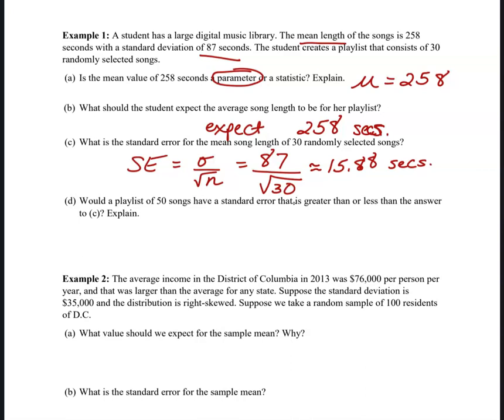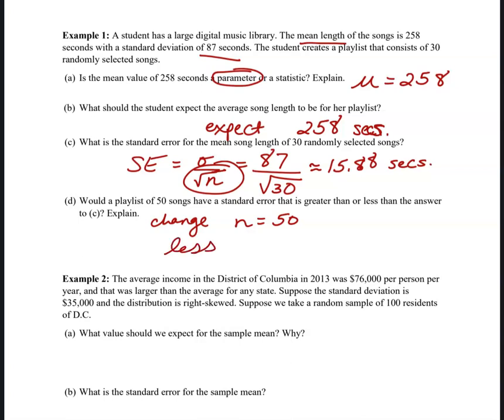Now, would a playlist of 50 songs have a standard error that is greater than or less than your answer? So now we're changing our n, our sample size, to 50. Well, think about what that's going to do to the standard error. If my sample size is larger, that's going to reduce the standard error because now you're going to be dividing by a larger number.